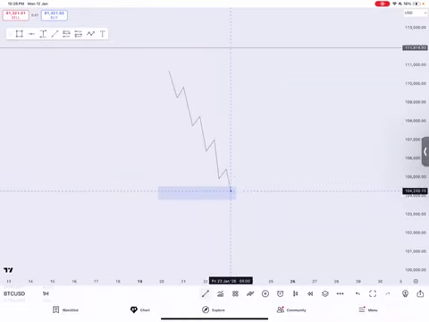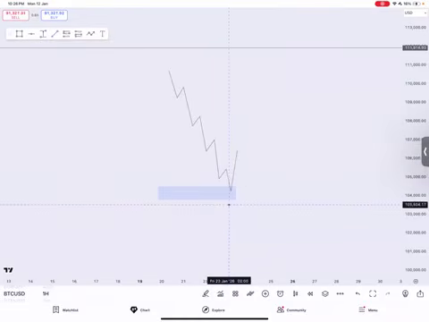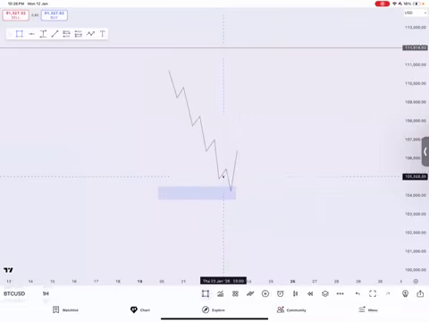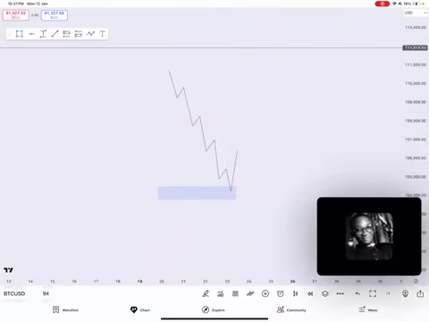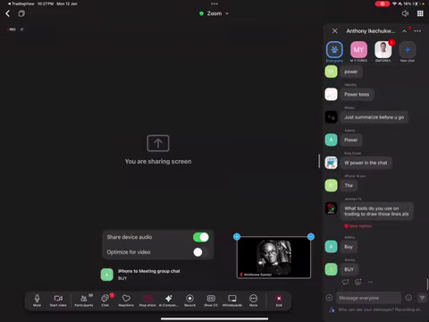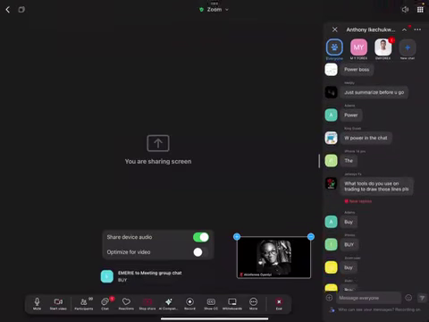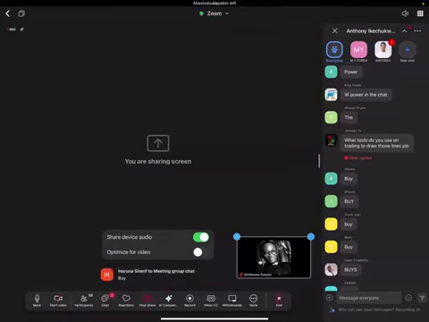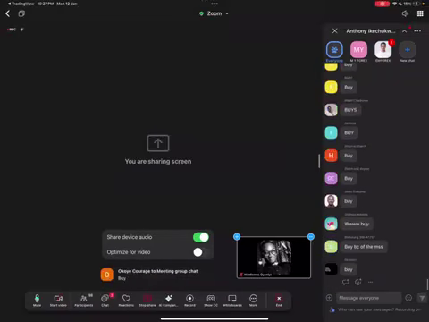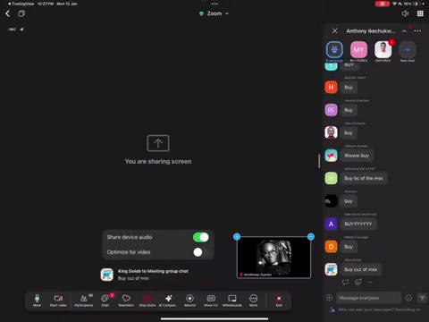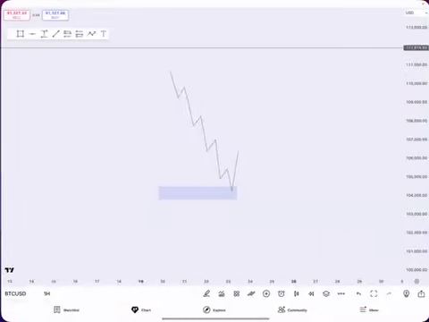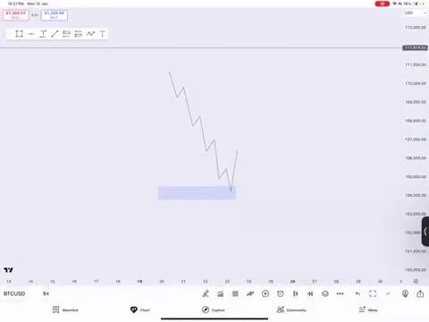Then price taps here and does something like this. When this happens, what are you expecting to trade here? Buy or sell? Exactly. So you see why the structure part is important, because you know whether you're looking for buy or sell.